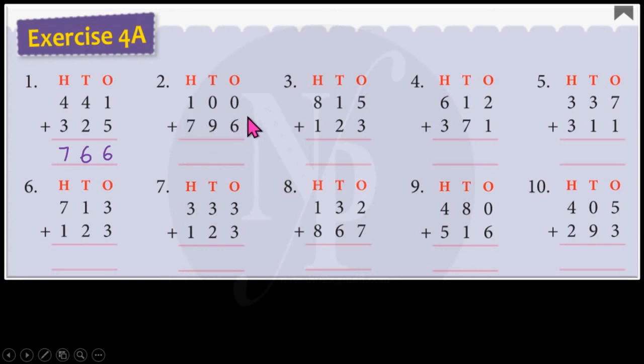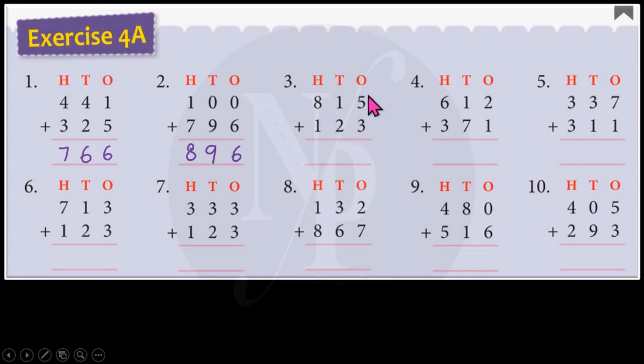Coming to second question, we have 100 plus 796. Let us add these numbers. 0 plus 6 is 6. Let us write 6 here in one's place. And 0 plus 9 is 9. 1 plus 7 is 8. 896 is the sum. Coming to question number 3. 815 plus 123.